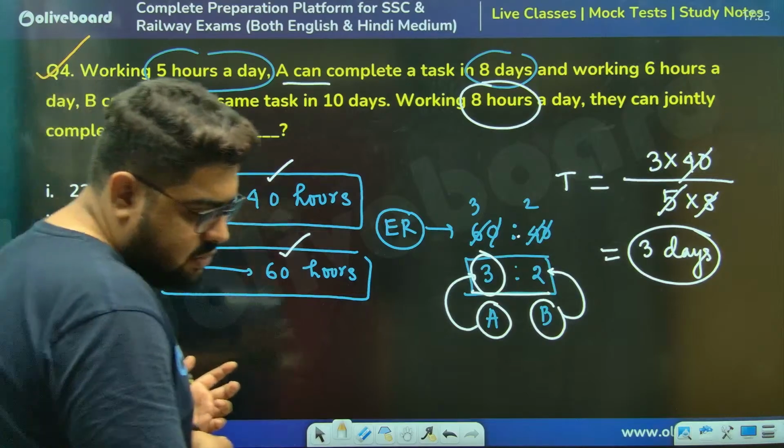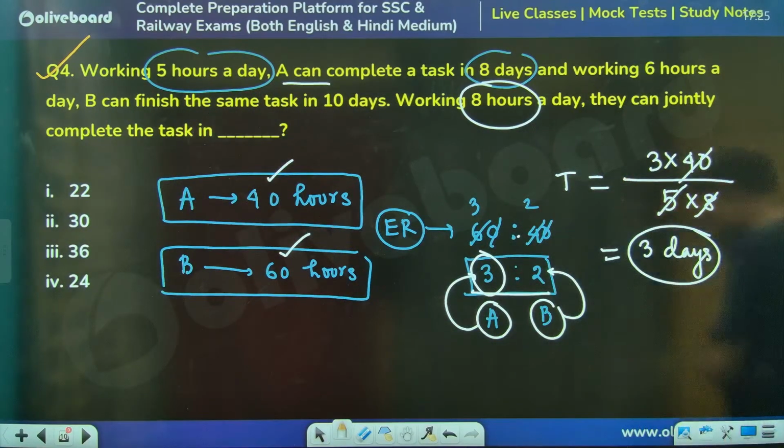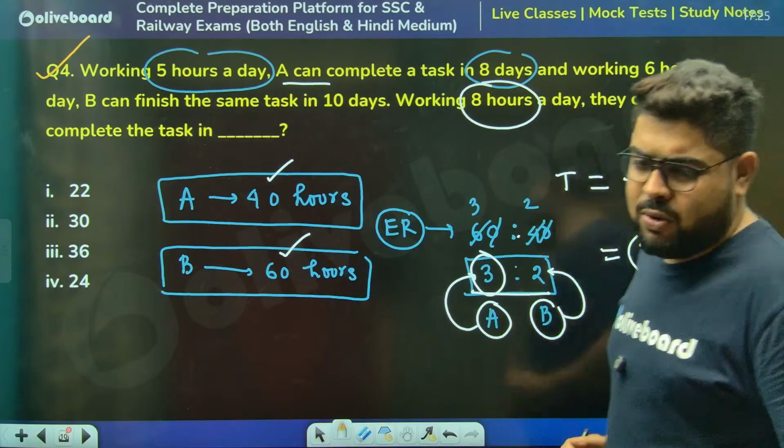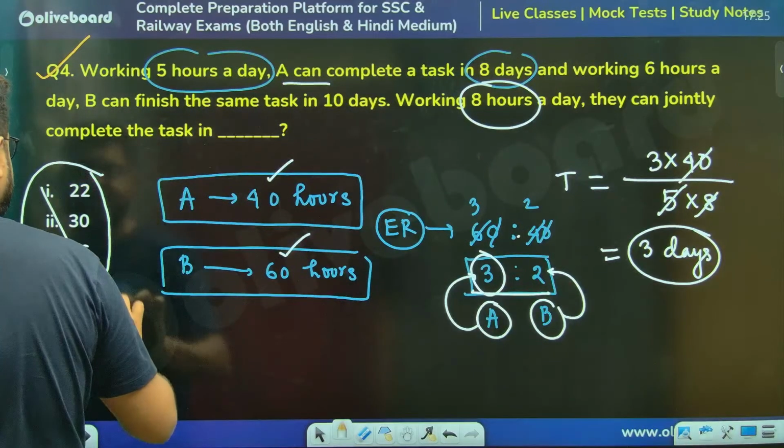Have I missed something? Reena is also getting 3 days. ये क्या हो गया? अरे सर ये ऑप्शंस आर रॉन्ग. Options cannot be this. कैसे हो सकता है सर?